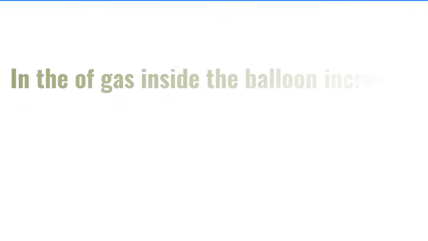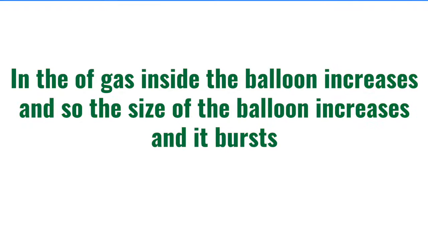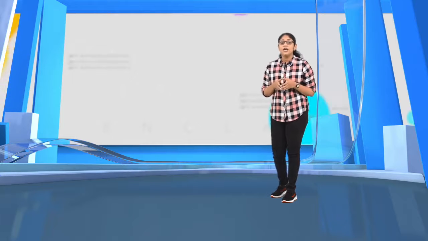Based on Charles' law, can you explain the situations given? The volume of the gas inside the balloon increases, and so the size of the balloon increases and it bursts. Like this, there are certain situations in our daily life where we can observe Charles' law.